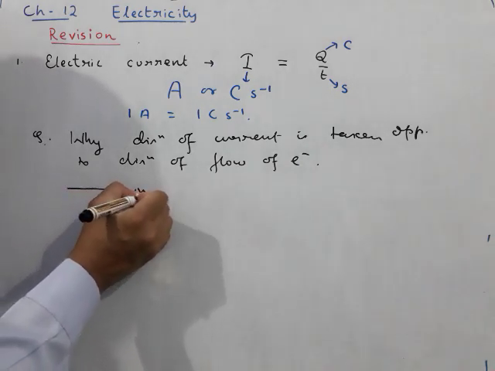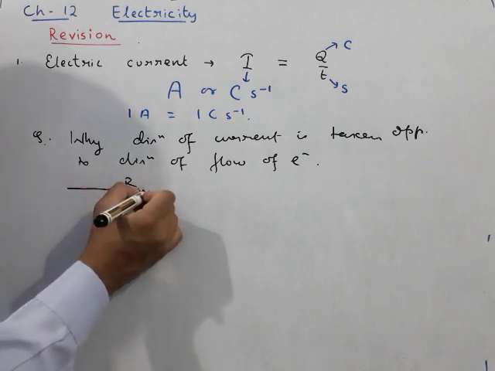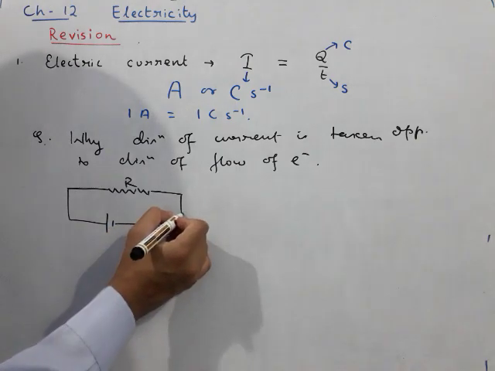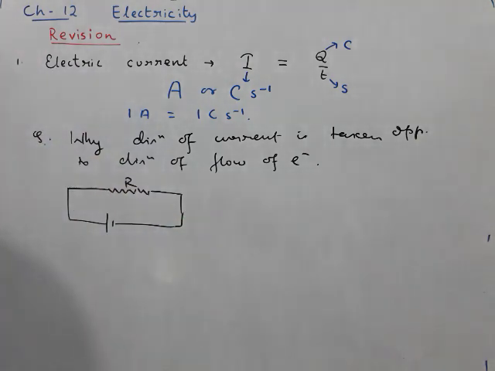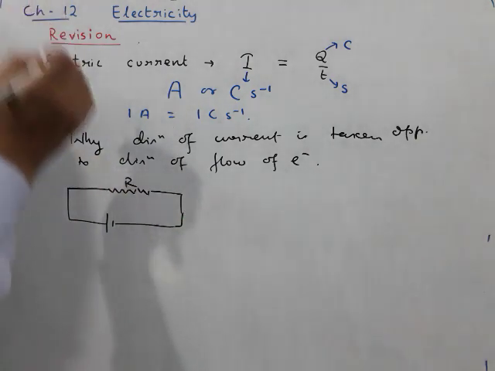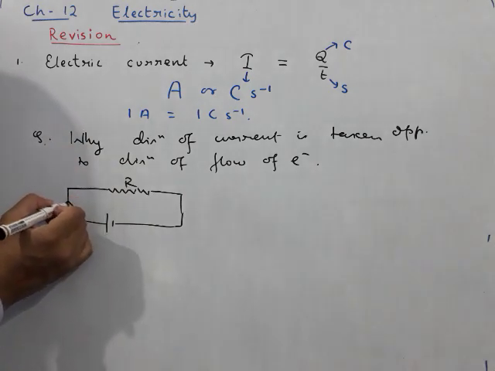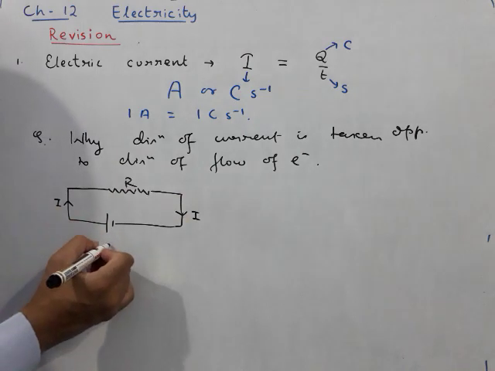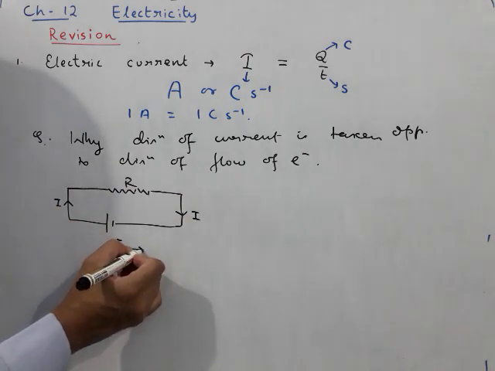Suppose we have some resistance R connected to some source of battery. What is asked by the students is that the direction of current is like so, but in this circuit the electrons are flowing in opposite direction.